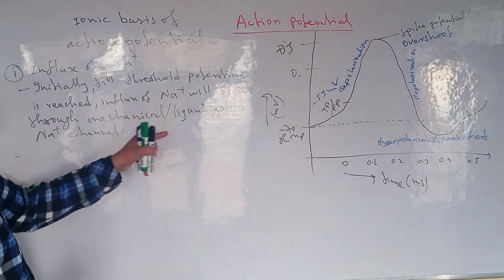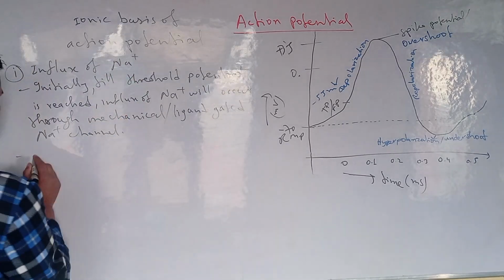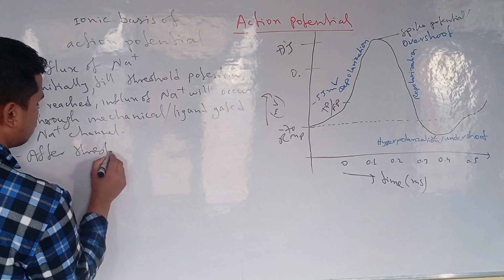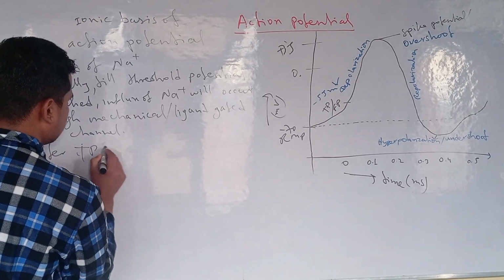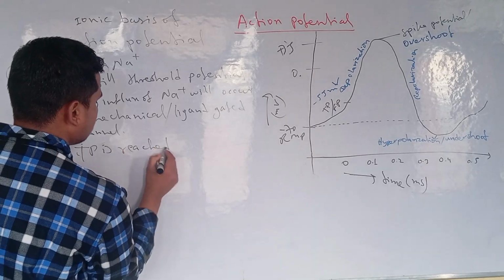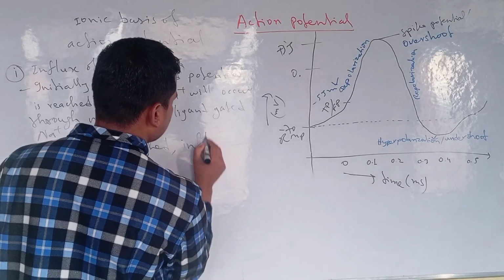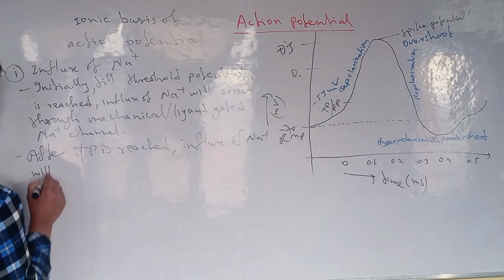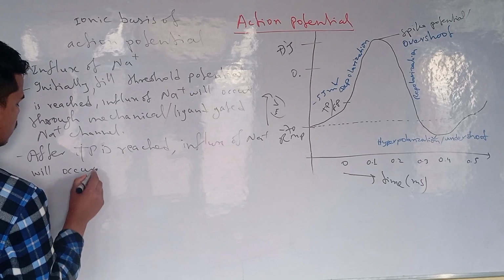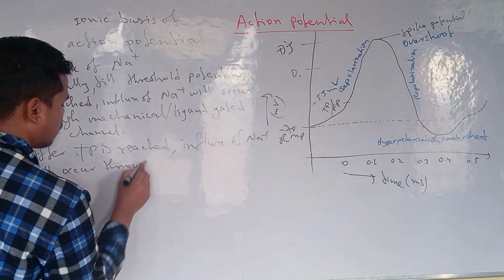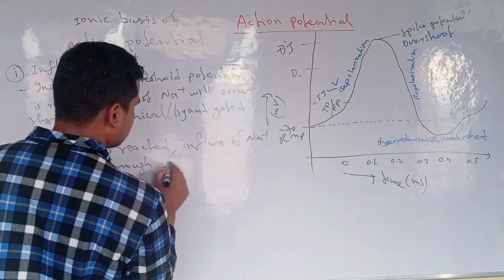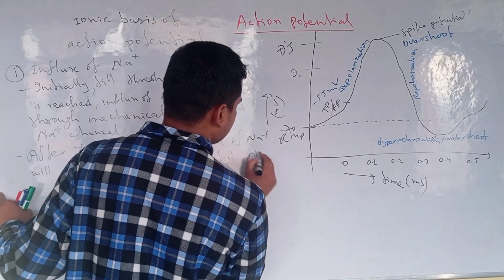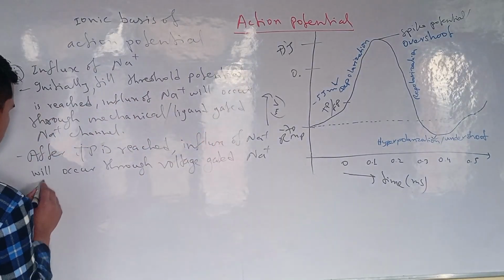Then once the threshold potential is reached, influx of sodium will occur through voltage gated sodium channels.